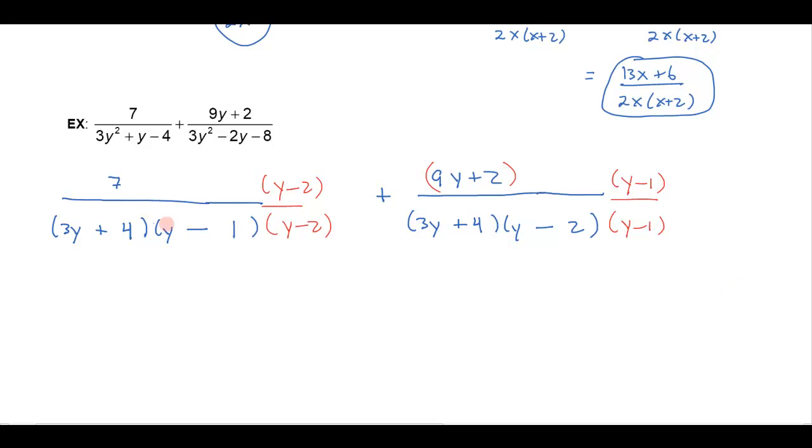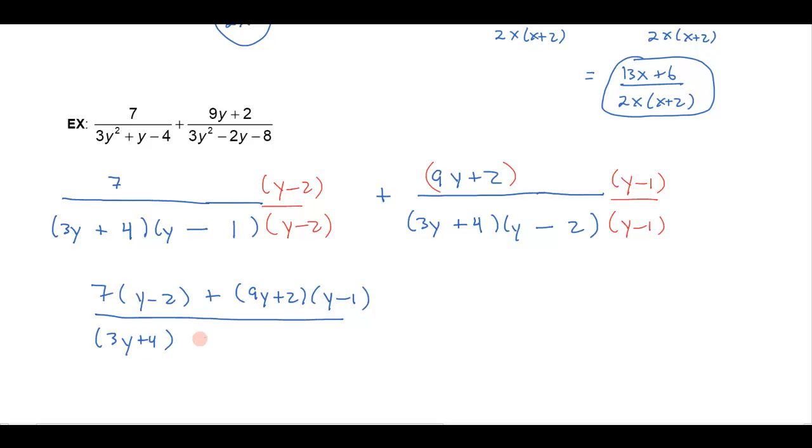All I have to do now, I have my common denominator. I'm going to get 7 times y minus 2 plus the 9y plus 2 times the y minus 1, and that's all over this common denominator, 3y plus 4 times y minus 1 times y minus 2. So now I just have to simplify this.